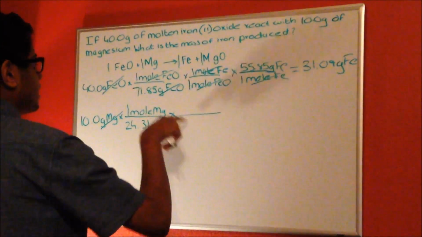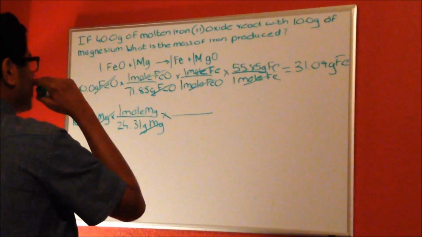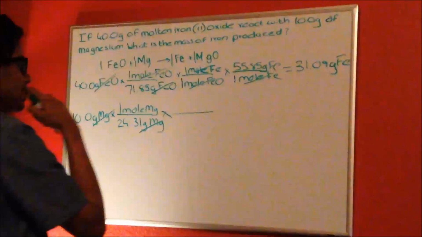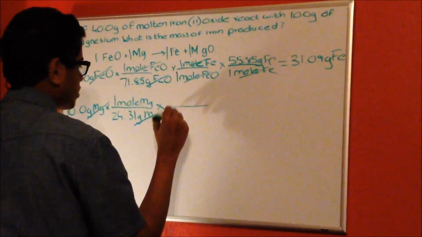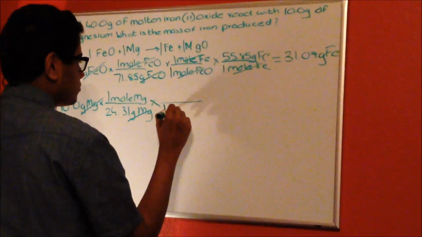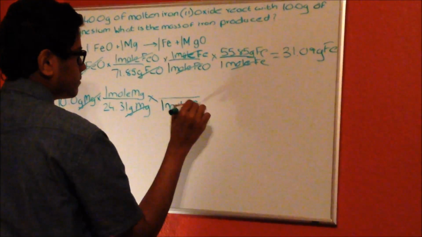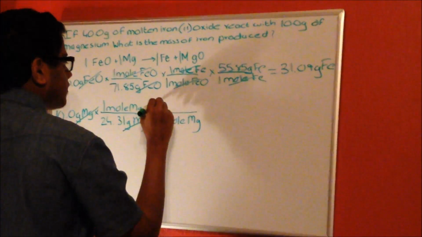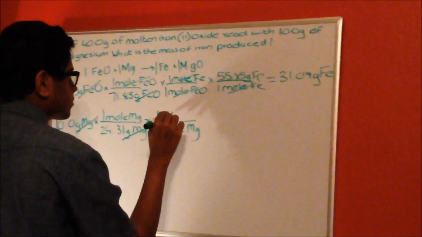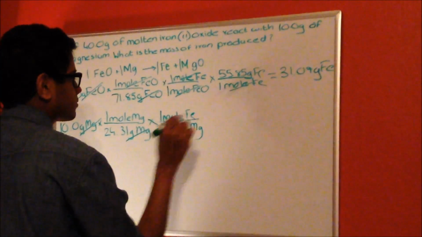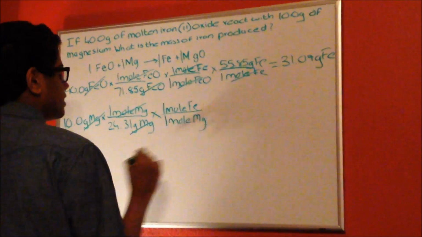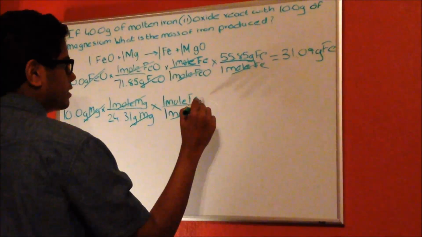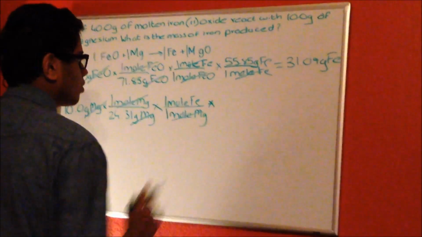Now we go to the mole ratio, where we look at the mole ratio of magnesium since we canceled that out. The ratio of magnesium is 1 mole of Mg, and since we are trying to find the iron, the ratio of iron is still 1 mole Fe. Now we cancel the moles of magnesium and are left with the mole of Fe.